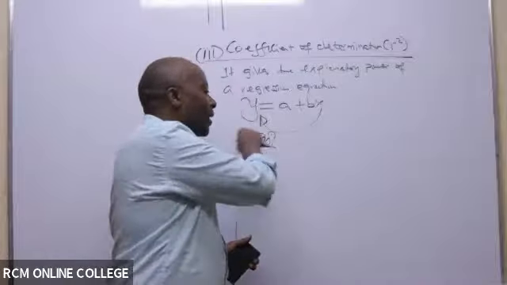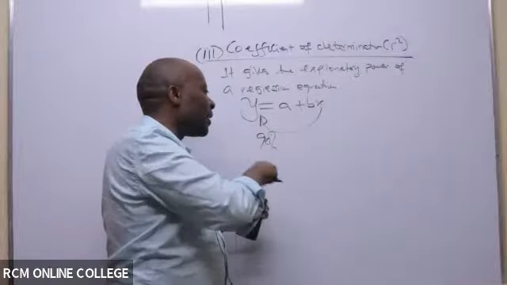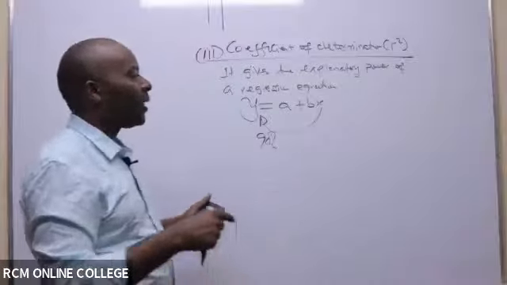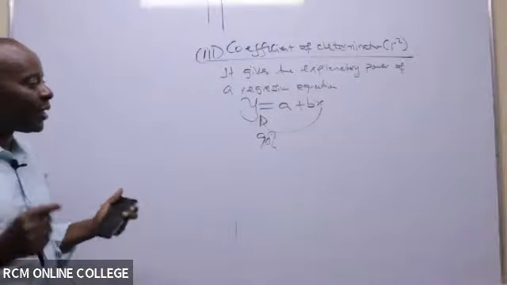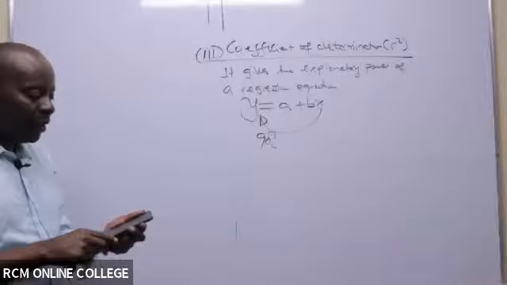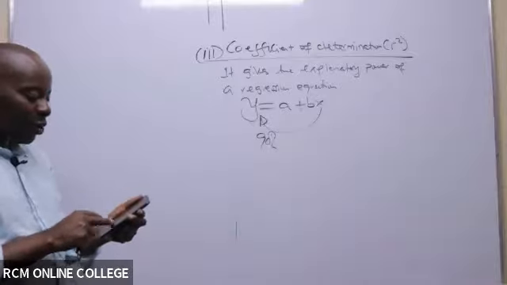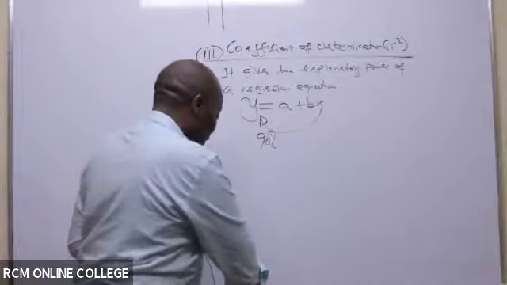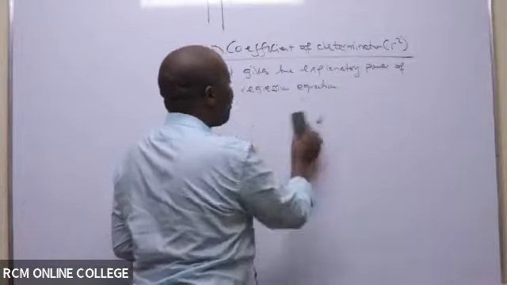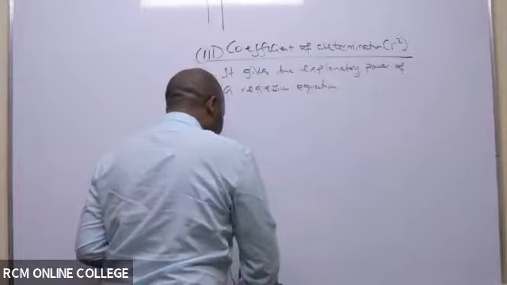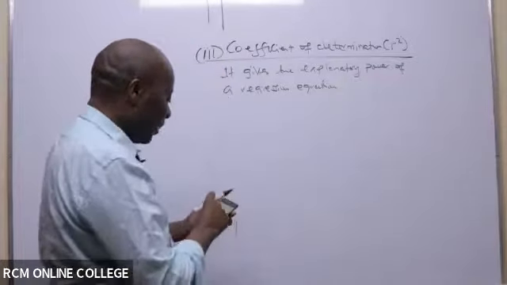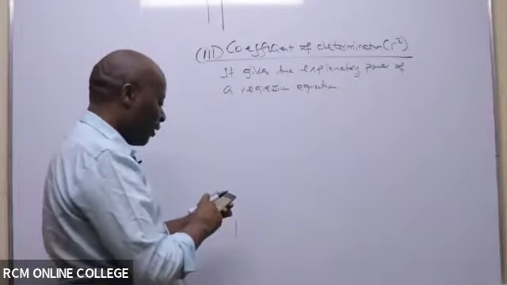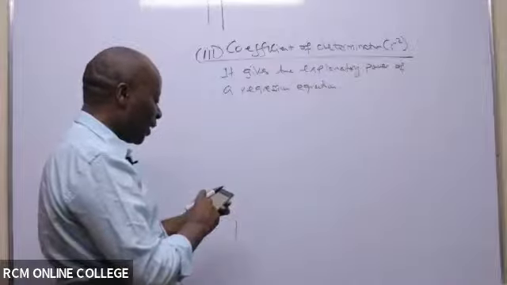So the higher it is, the better for us as statisticians and researchers. So then, ladies and gentlemen, of course you will have two types of coefficient of determination. We are supposed to work with the adjusted, but it will be better for you to interpret using both of them.